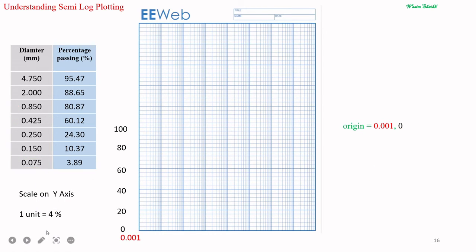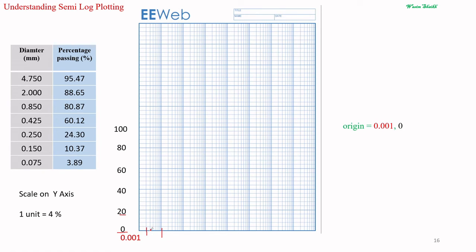Let me remove all of this. Now next, how do we take other values? Just like in the case where this was 0, then 20. Now what will be the value over here? In a log scale, the values increase rapidly. So this first value that you have over here becomes 0.002.